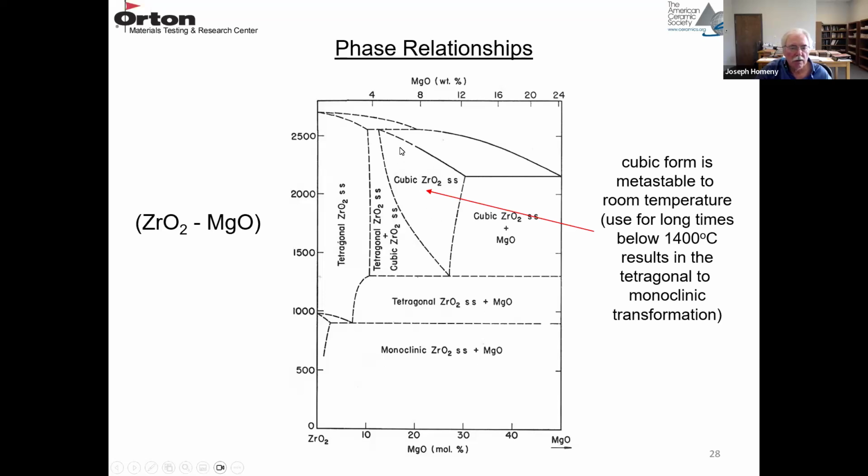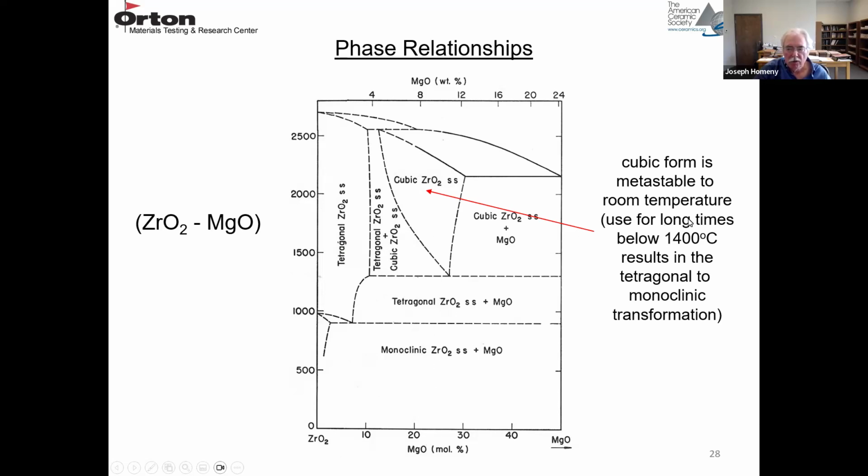But this looks like it's going to transform as you decrease the temperature. But this cubic form basically remains metastable all the way down to room temperature. So the kinetics are not just exactly right for the transformation.